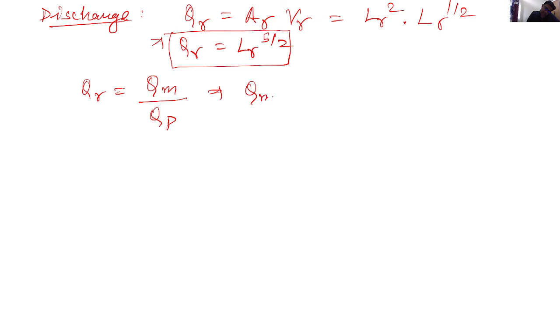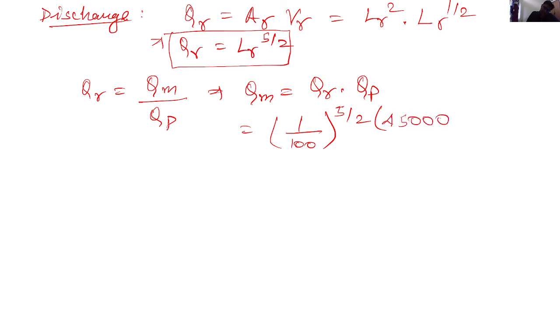This implies the discharge for the model can be represented as QR times QP, and this ratio is 1 by 100 as it was given in the previous question, to the power 5 by 2, and the discharge of the prototype was found to be 45,000 meter cube per second from the previous question. It is nothing but 0.45 meter cube per second. That's the answer.